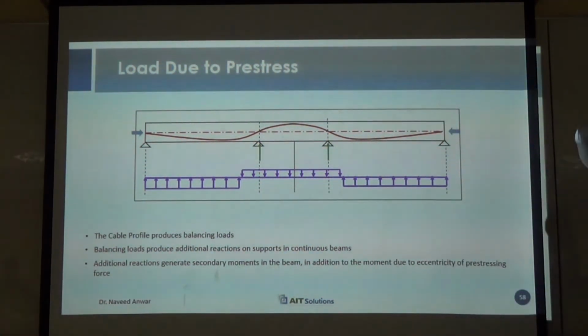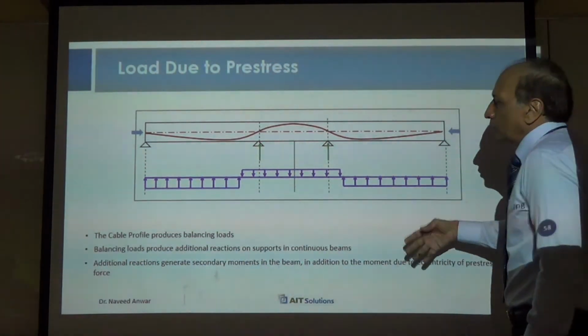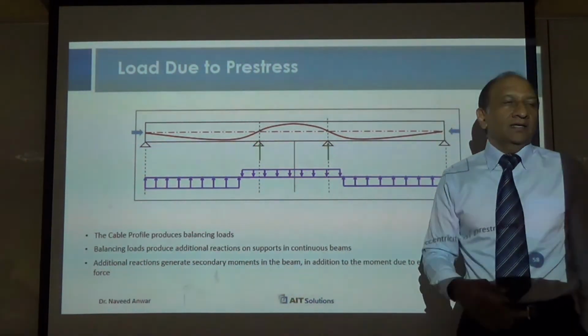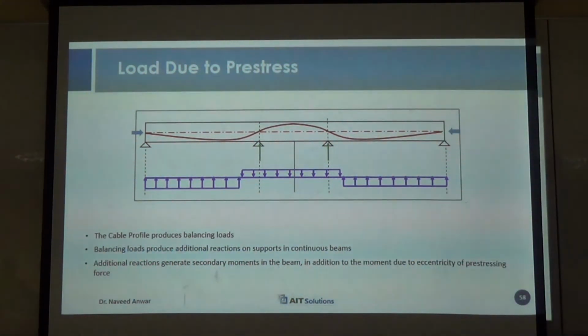And this creates a loading on the bridge which completely changes the moment on the girder first, also changes the reactions. This is called the hyperstatic reactions or hyperstatic loading or load balancing. So basically the idea is that the pre-stressing is basically converted into load.